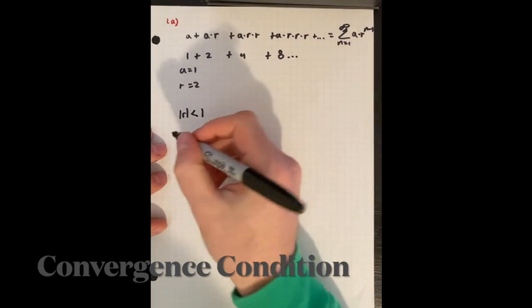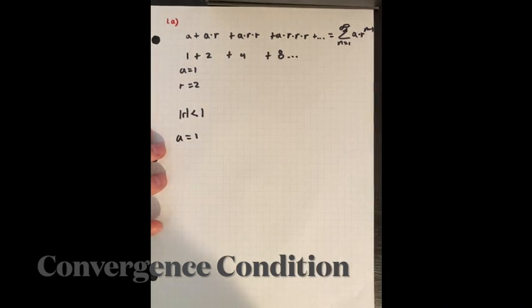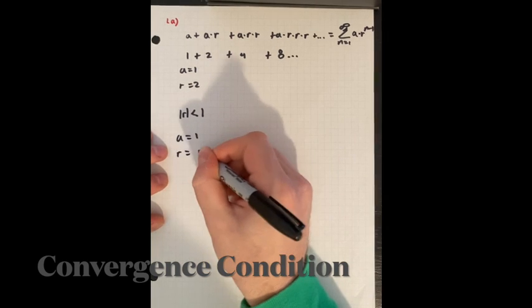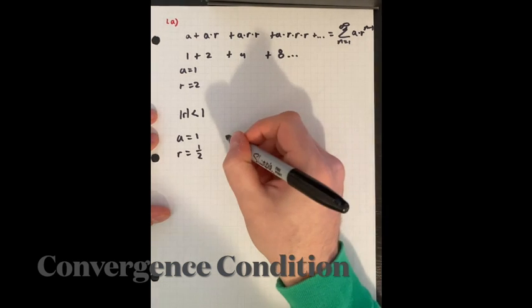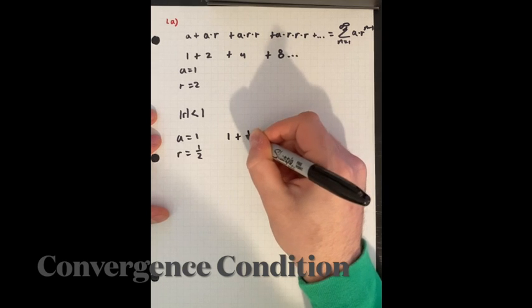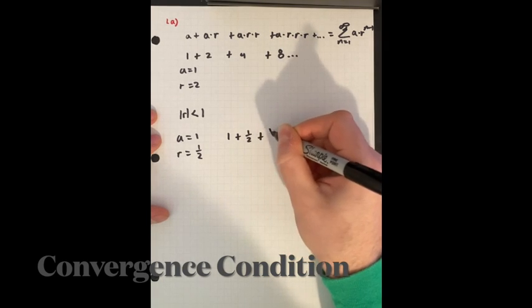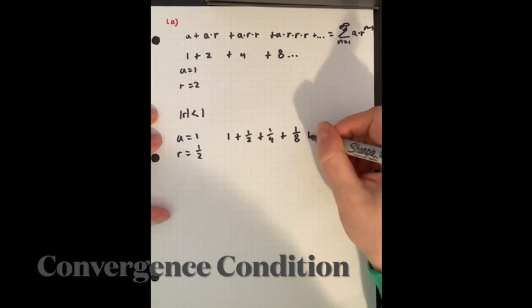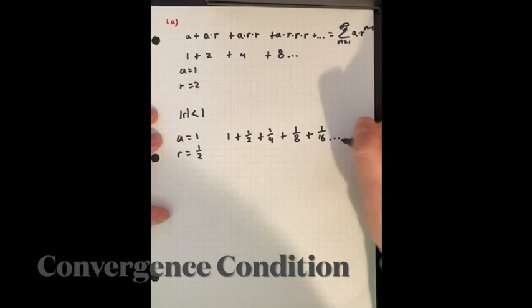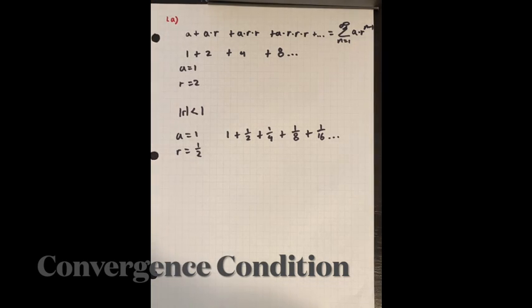Let's take a equals 1 and r equals 1/2. You'll see that each term gets smaller and smaller. 1 plus 1/2 plus 1/4 plus 1/8 plus 1/16, etc. As you can see in this example, this will converge as each term gets smaller and smaller.